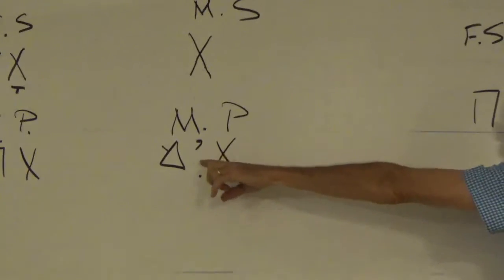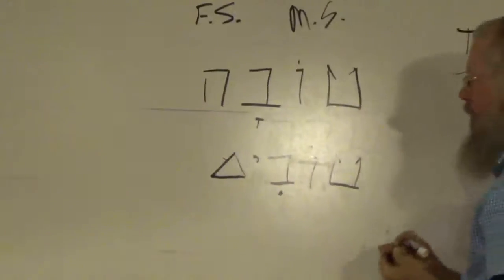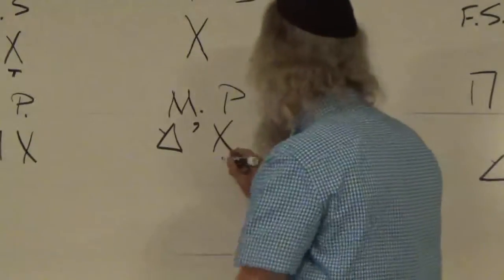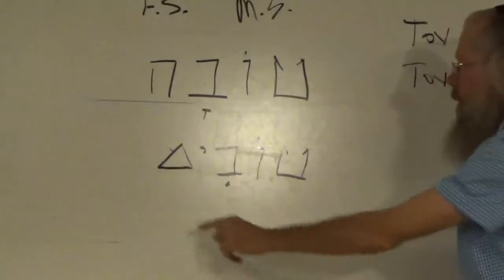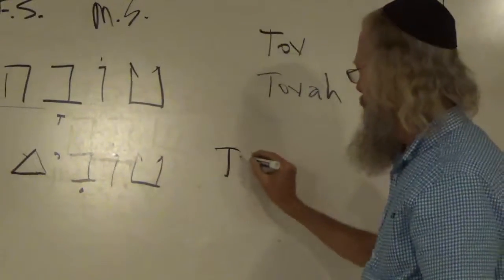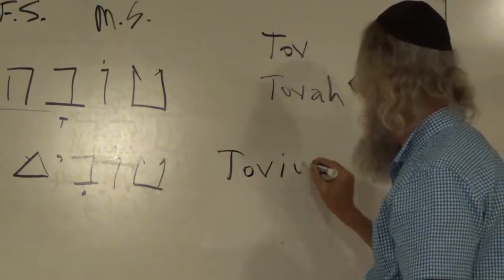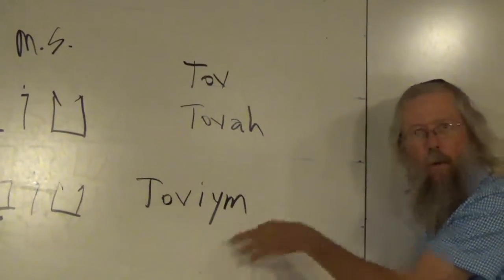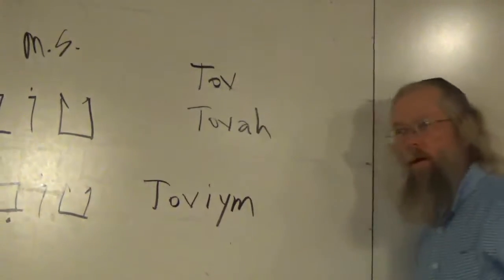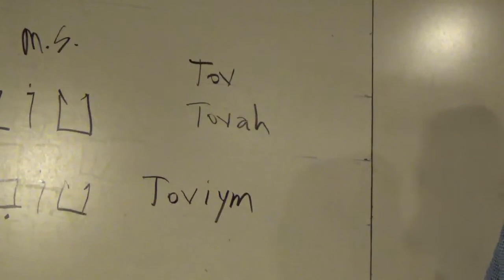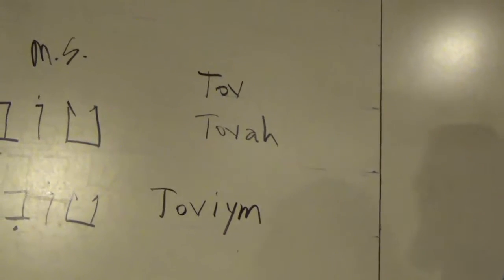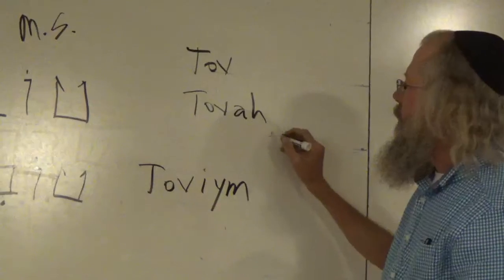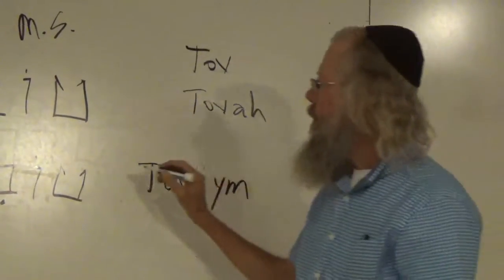And so my pair is what? Yud, Mem. So I have Yud, Mem. Okay, so now I have what? Tovim. Usually the Y is not going to appear in the transliteration, but we're putting it in so that you can see the Yud there. Okay, so it's Tovim. And Tovim is what then? Masculine plural.